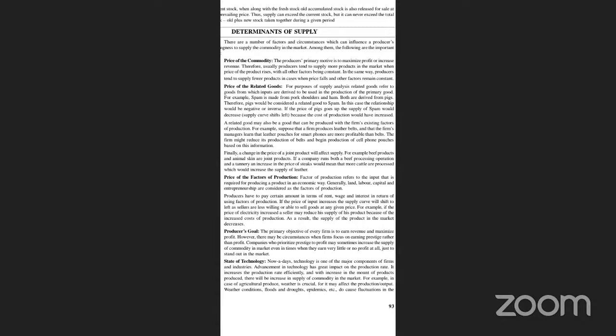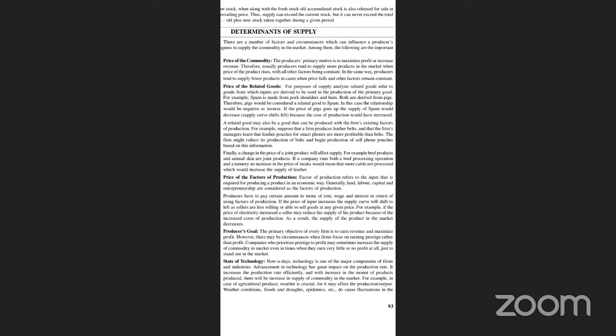So producers supply fewer products when the prices are falling, and when the prices are increasing, they supply more products. This way they try to ensure that supply is not disrupted and it is available throughout in the market whenever the commodity is required.